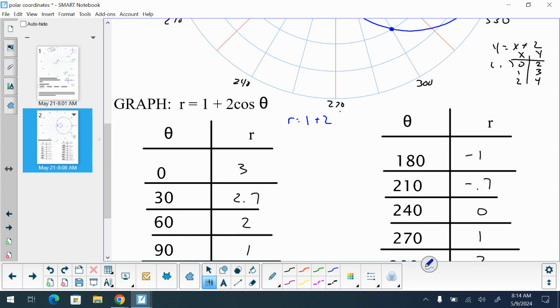Let's see, we have x over r squared is 2x, x squared plus y squared.